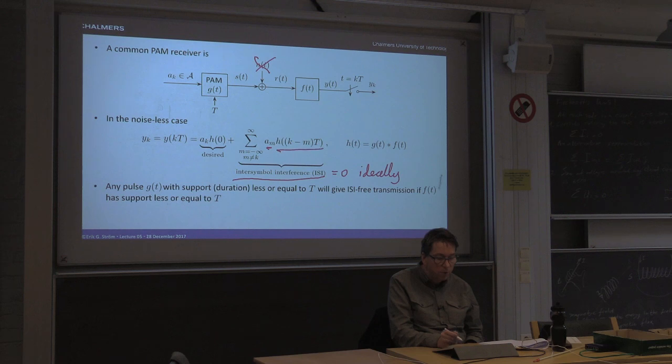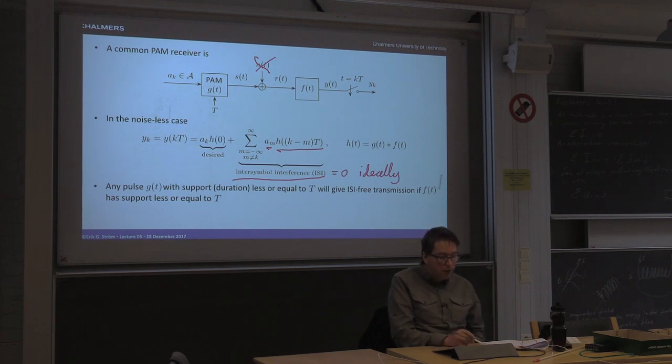We have the symbols, and then we have the samples of H. The symbols will be non-zero. Eventually we would like to decode these, so it's not wise to put them to 0, right? So the only thing we can do is to hope that the samples of H become 0. If they do, then this product becomes 0, and then the sum of zeros becomes 0, and everything disappears.